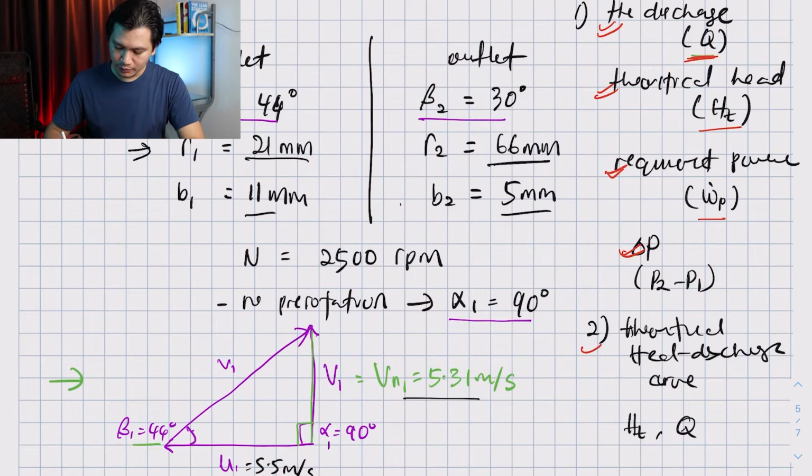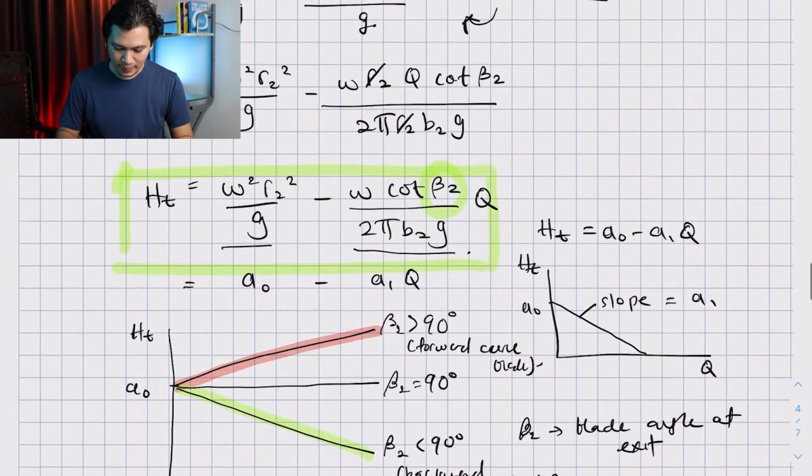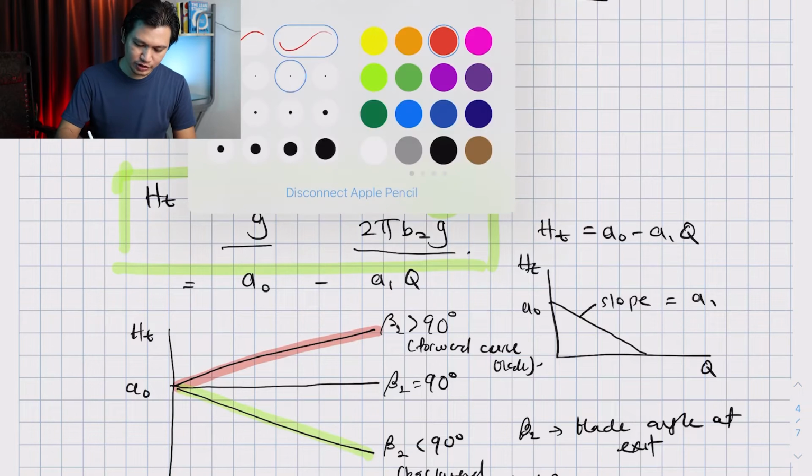Finally, we are to find the theoretical head discharge curve. For this we need the equation as usual, and this is our equation for the curve.